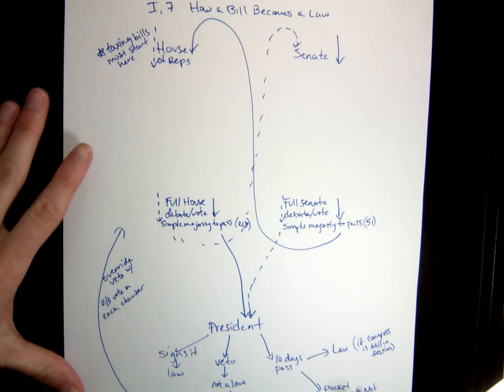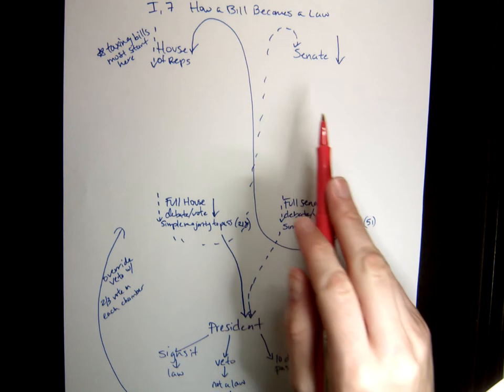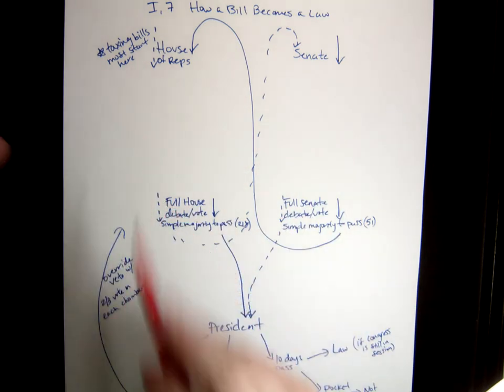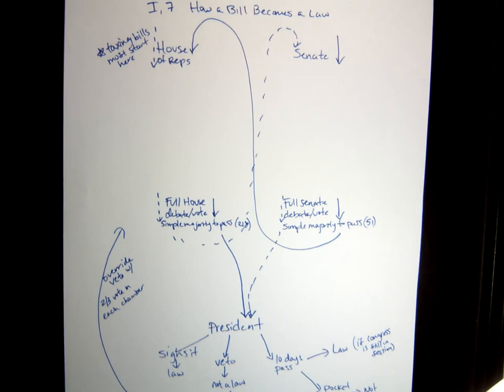So when a bill comes in, there's 100 senators, 435 representatives, and 1,000 bills a year introduced. And there's only so many days in the year that they're even in session. So how to get all that business done? Can the entire Senate and the entire House look at every single bill and debate every single bill? Absolutely not.